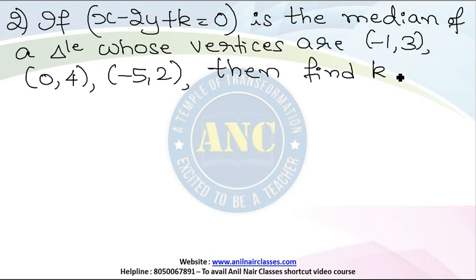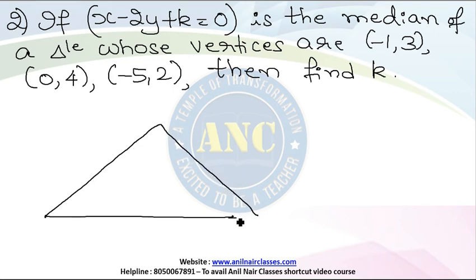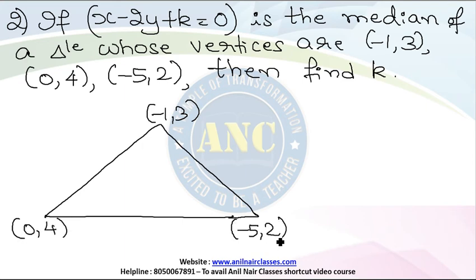Now see here, this is again a very easy question, sir. Let me draw a triangle for your better understanding. This is minus 1 comma 3, this is 0 comma 4, and this is minus 5 comma 2. Centroid is nothing but the point of intersection of the three medians.